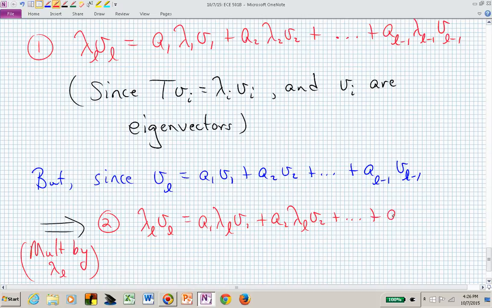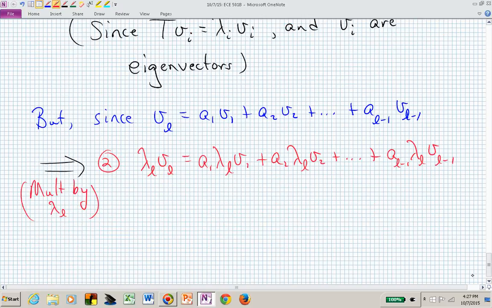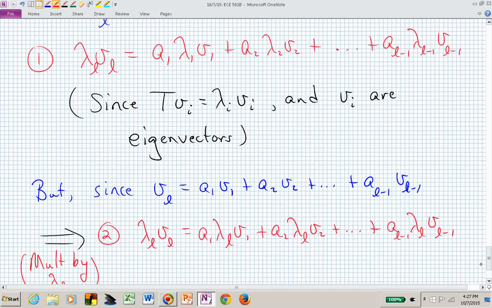Since we're multiplying both sides by lambda sub L, now we get the second equation. And what we want to do now is see that the left-hand sides of equation 1 and equation 2 are identical. Let's now compare, or subtract equation 2 from equation 1.